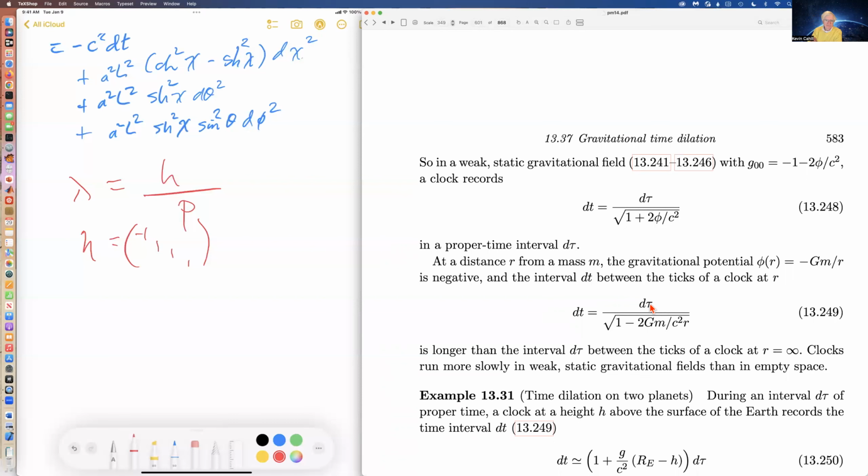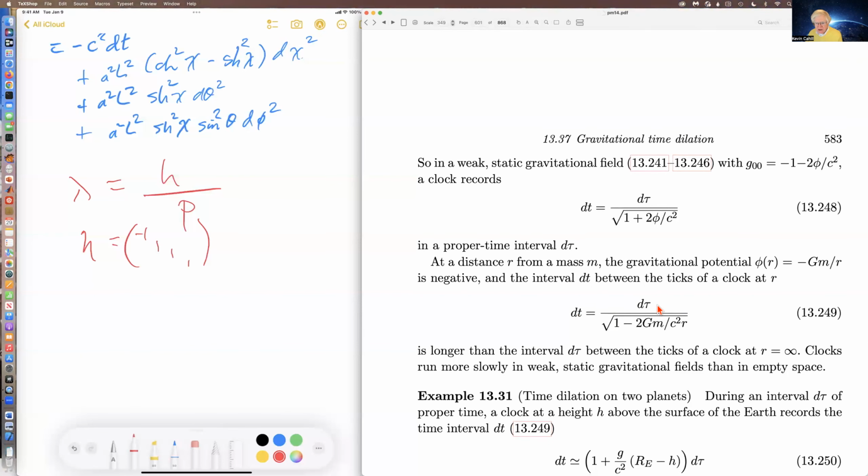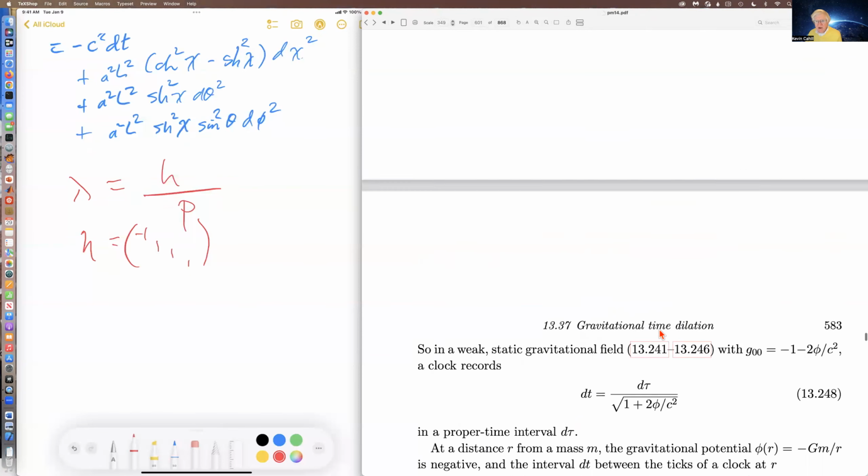And actually, looking at this, I think I may have a mistake here, because what we do know is that dτ is supposed to be huge compared to dt, and this one is smaller.